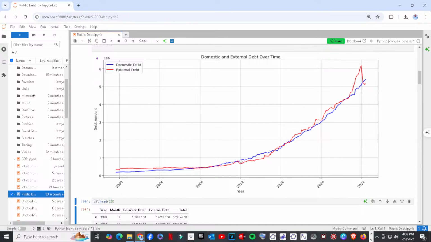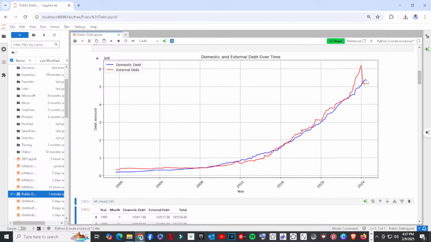That trend continued up to around 2015, with domestic debt being much higher than external debt. A reverse of that was seen from around 2016, when external debt and domestic debt were almost equal, and then at some point they departed.